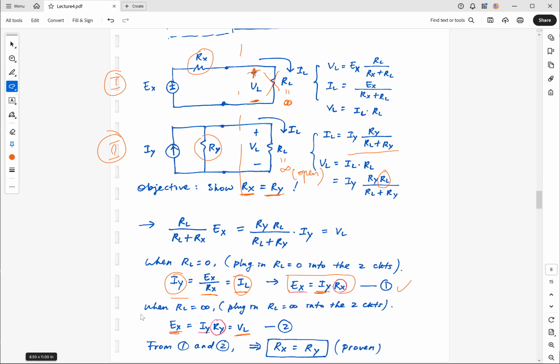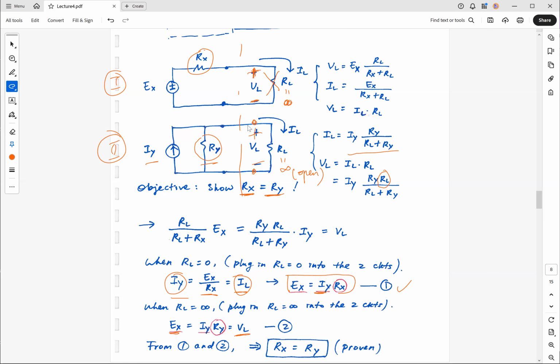So now we're going to do the same thing to the second circuit. Again, we set this RL to infinity. So when this guy now is open, what happens to my voltage here, right? Well, to evaluate this voltage drop, all I have to do is a simple Ohm's law. I know the current, I know the resistor, so I times R will give me the voltage.